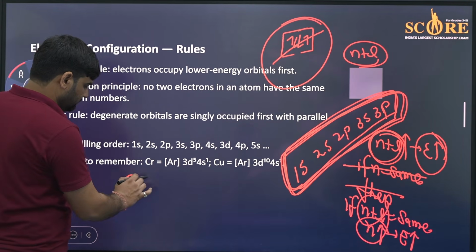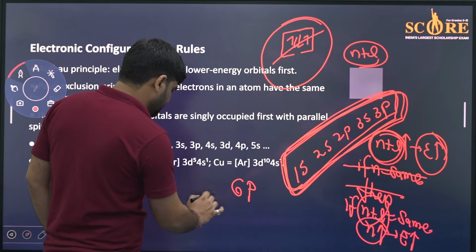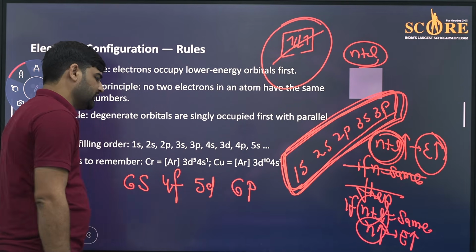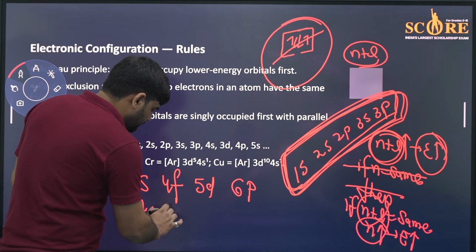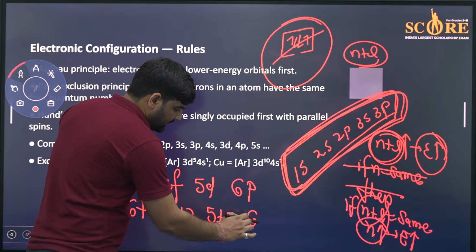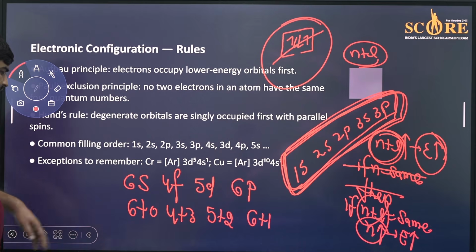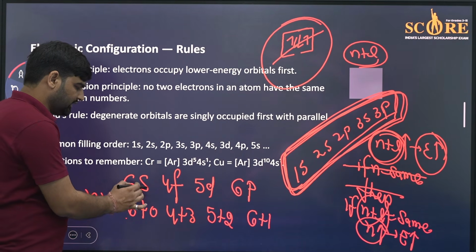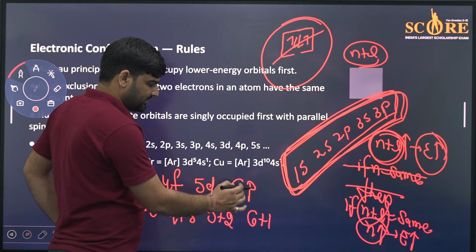So I have this question: 6s, 6p, 5d, 4f. I have to decide the energy order. So there is 6 plus 0, 6 plus 1, 5 plus 2, and 4 plus 3. This is n plus l. For 6s, n is 6, l is 0; for 4f, l is 3; for 5d, l is 2; for 6p, l is 1.